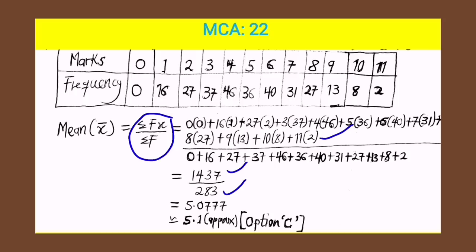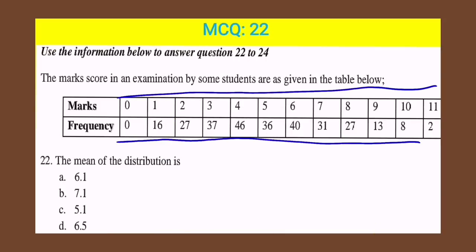Based on the options, it was to be given to 1 decimal place. So I just converted to 1 decimal place, so it becomes 5.1, and that was option C. So that's how we derive it. But as I've informed you, in an examination condition, make sure you use your calculator and work it out so that you can save time, right?